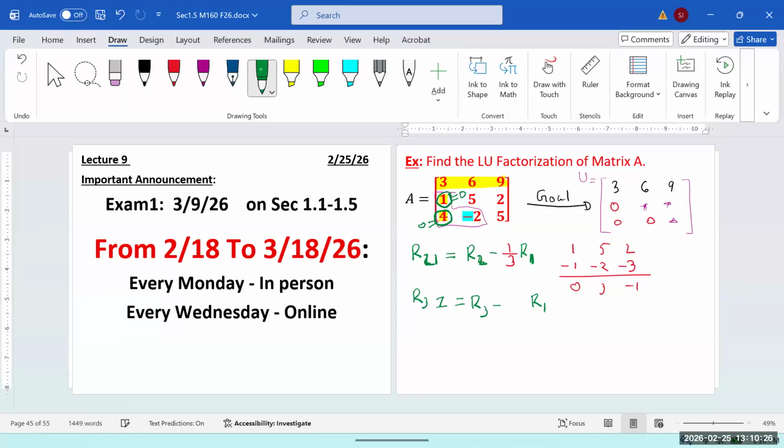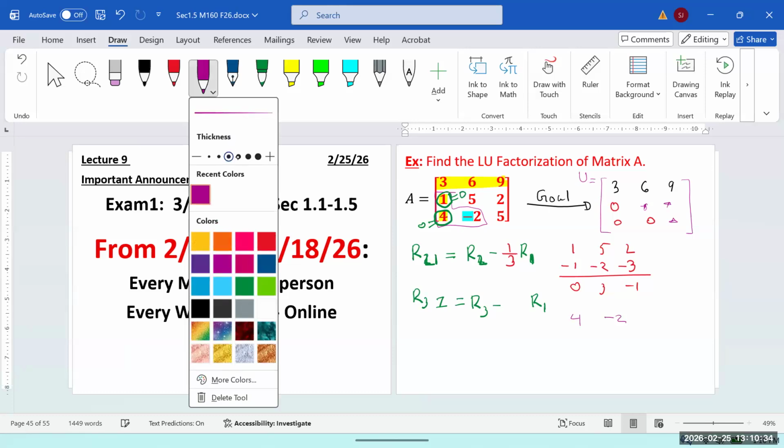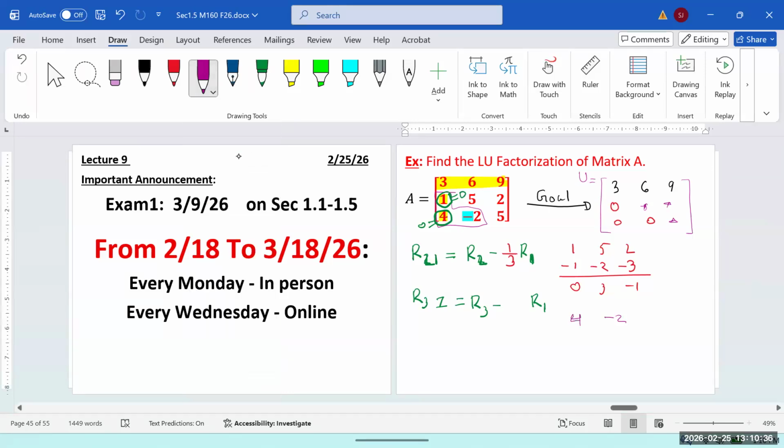Our row 3 is 4, -2, 5, and row 1 is 3, 6, 9.